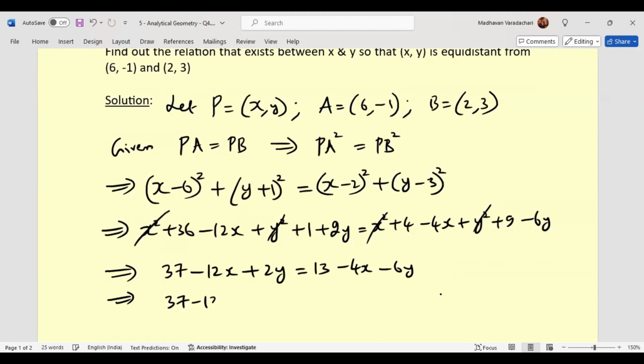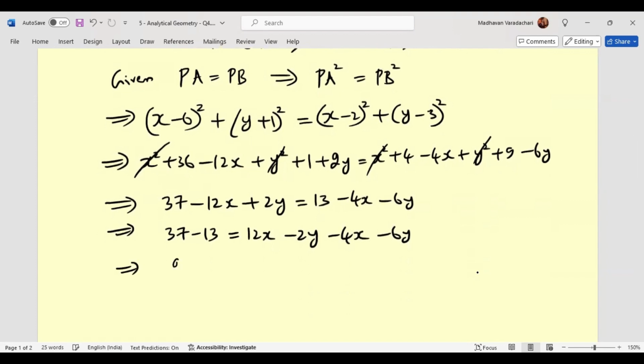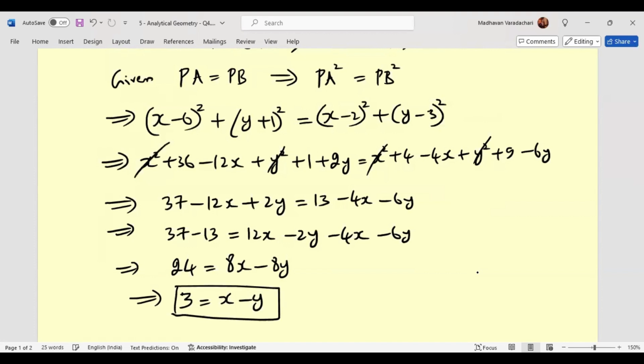So 37 minus 13 is equal to 12x minus 2y minus 4x minus 6y. So that will give us 24 is equal to 12x minus 4x is 8x. This is minus 8y, which means let us divide both sides by 8. We get 3 is equal to x minus y. That is the relationship between x and y.